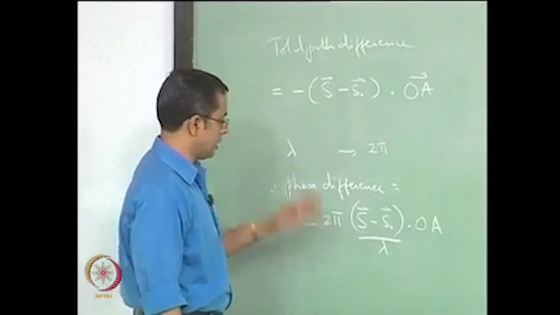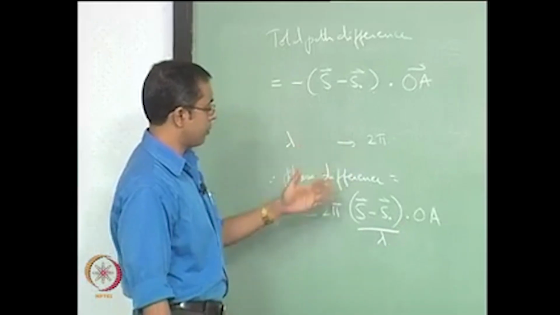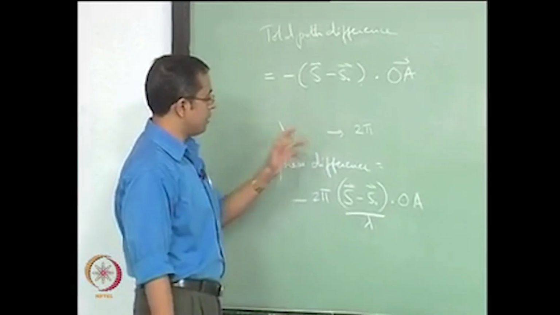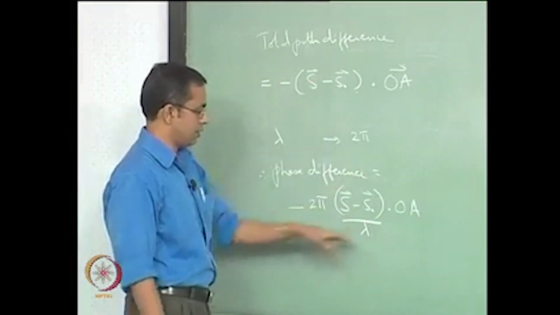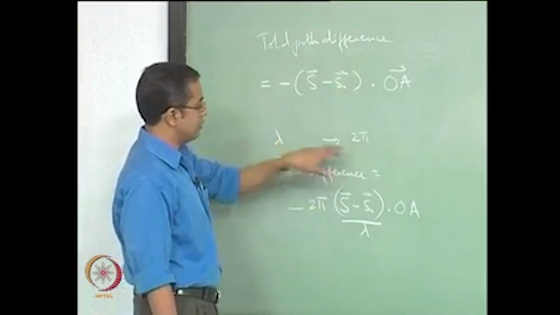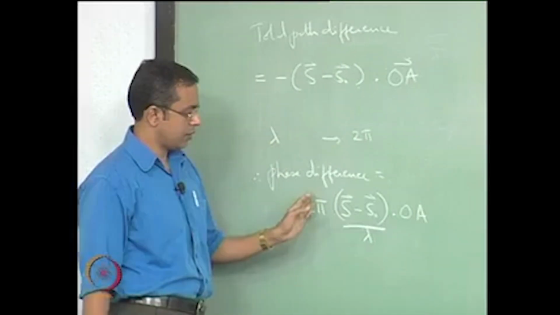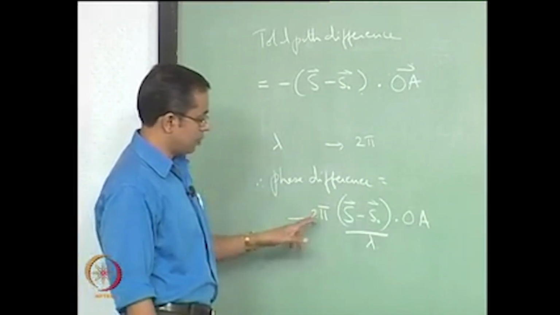Okay, so it is just a matter of proportions. A path difference of lambda gives us a phase difference of 2 pi, therefore a path difference of this gives us this phase difference, this path difference times 2 pi divided by lambda. So that is what we have, this path difference times 2 pi divided by lambda.